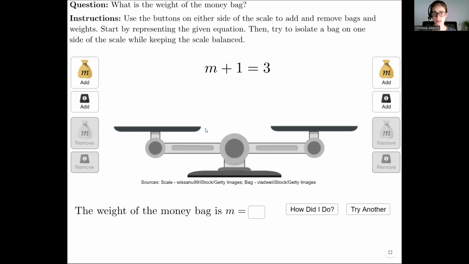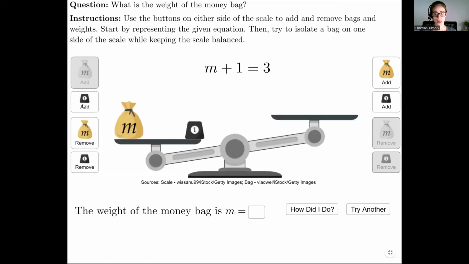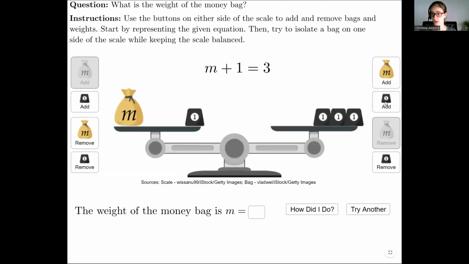All right, here we have a task on GeoGebra, and it gives us an equation, and then we're able to physically add things to the scale to see whether or not it's correct. So on the left-hand side, we have m plus 1. So we have m, and then we have 1 extra weight, and that is equal to 3 on the other side. We now have a balanced equation. These two sides weigh the same, they're equal.